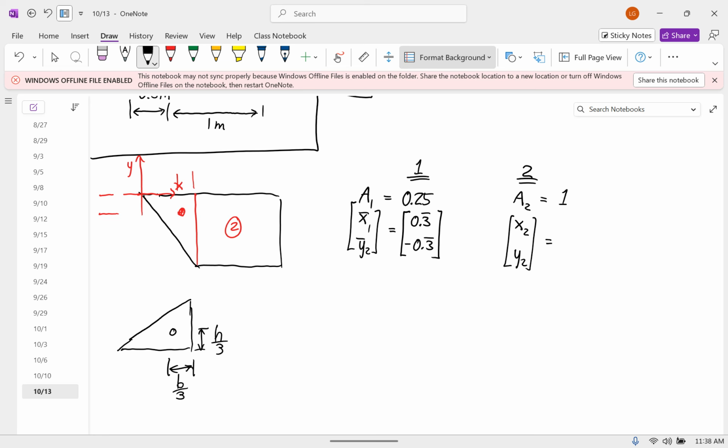So it's 0.5 plus another 0.5 to get to the centroid. So this is 1. And for y, it's negative 0.5. The total area is just the sum of those two, so 1.25.